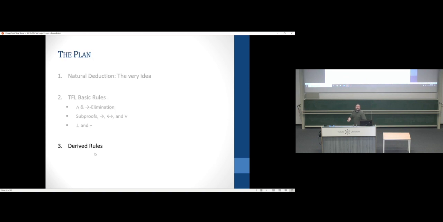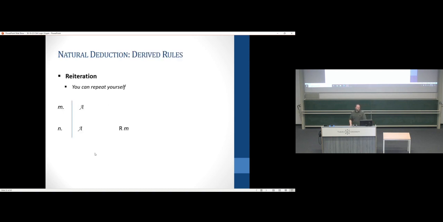These derived rules aren't strictly speaking part of the package. They depend on the other rules, but they're shortcuts. They make our life easier. Here's the first one, the easiest one, reiteration. If you have a sentence, you can repeat it. That seems really silly, but there are times when it's very useful.